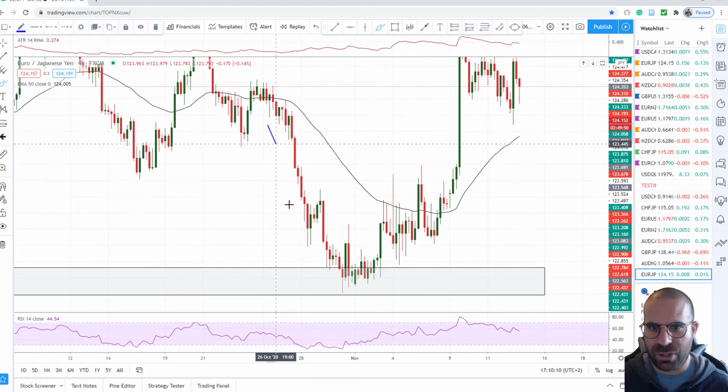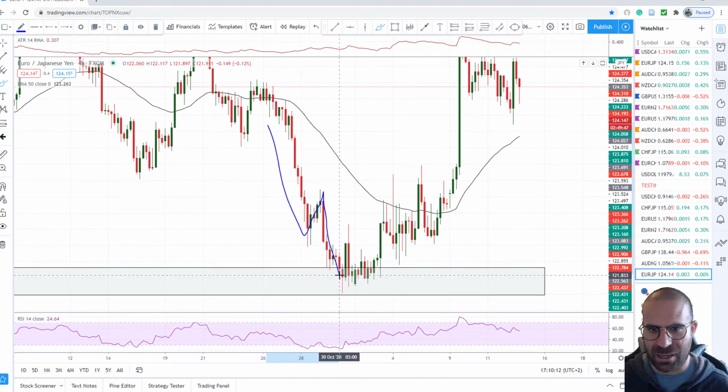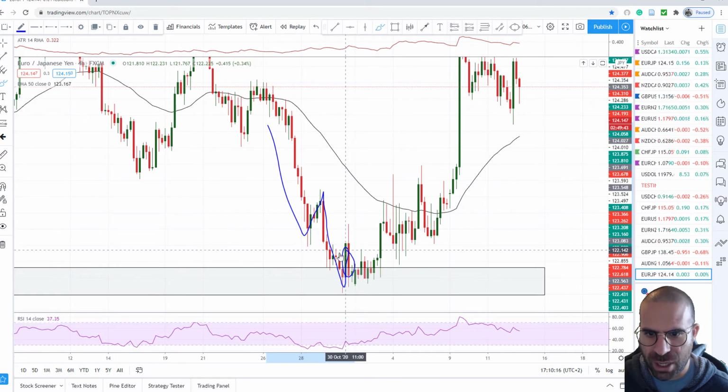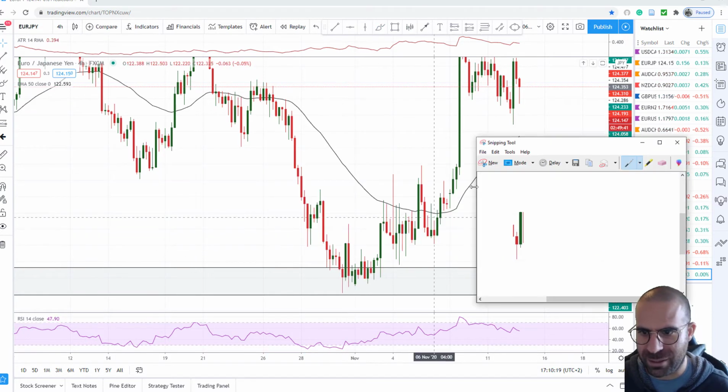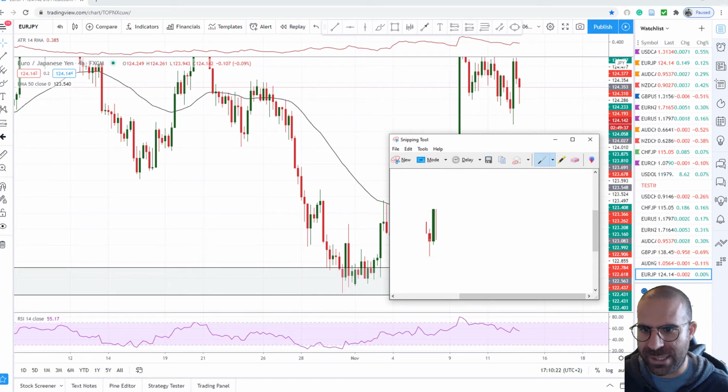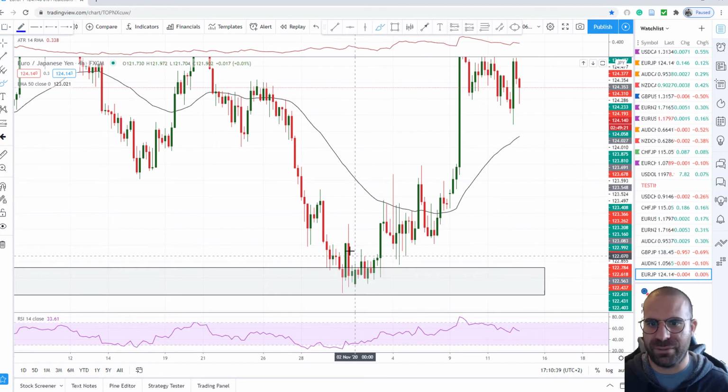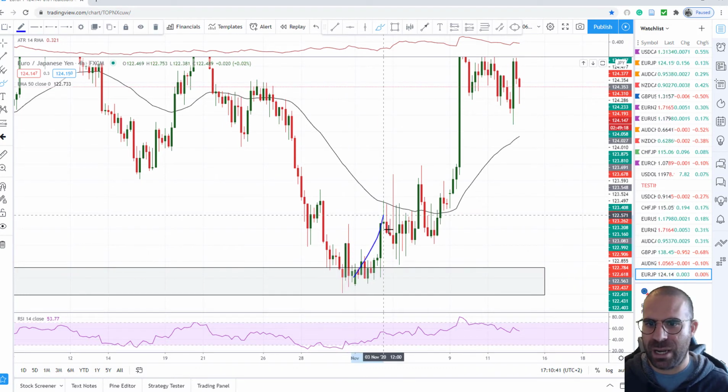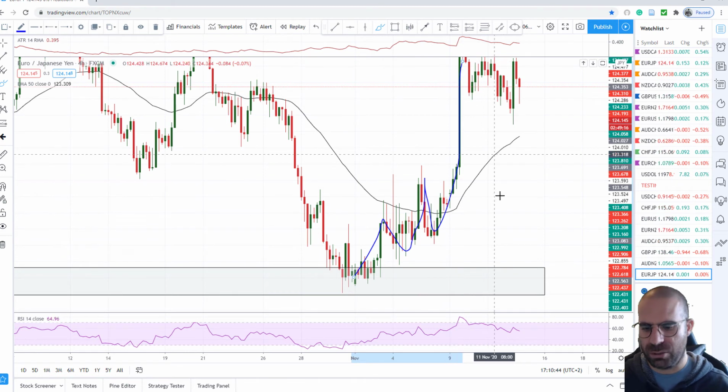Price went down, okay, making lower highs and lower lows, and then it gives us this huge bullish engulfing candle that I have over here, guys. You can see it. This green candle totally engulfs the previous candle. And look what we have after this bullish engulfing candle, guys. We have this huge movement to the upside.